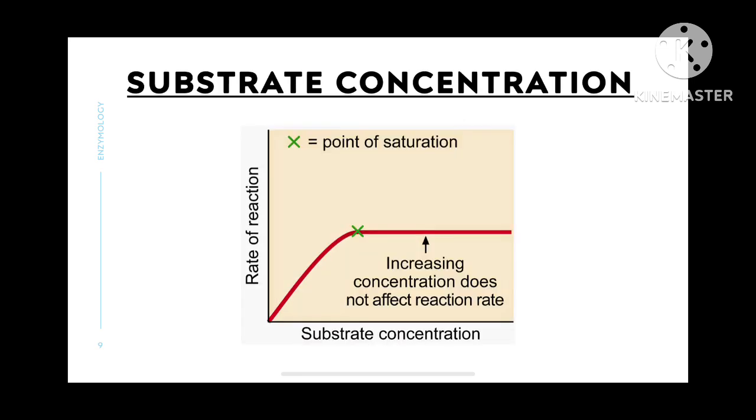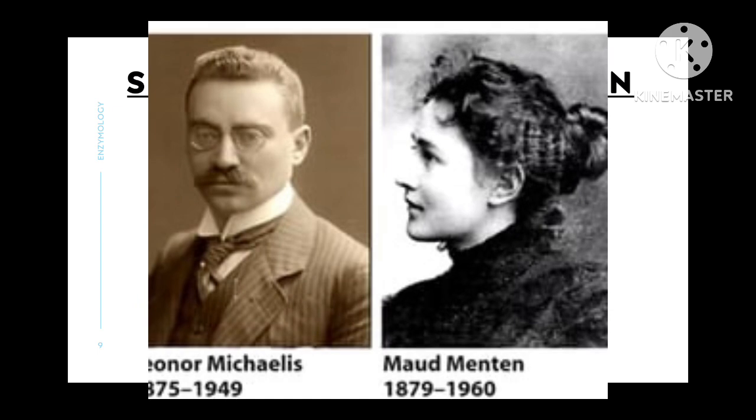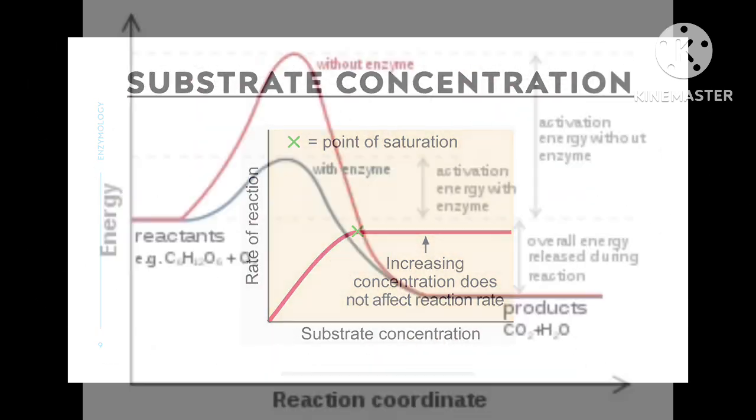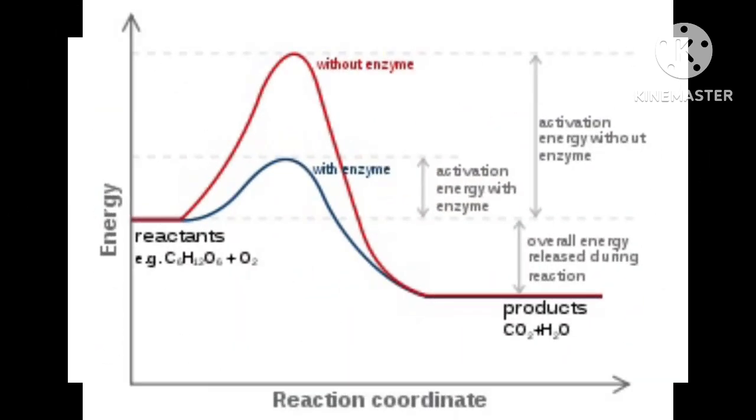Another major influence on enzymatic reactions is substrate concentration. In 1913, Michaelis and Menten hypothesized the role of substrate concentration in the formation of the enzyme-substrate complex. According to their hypothesis, class, the substrate can readily bind to a free enzyme at a low substrate concentration.